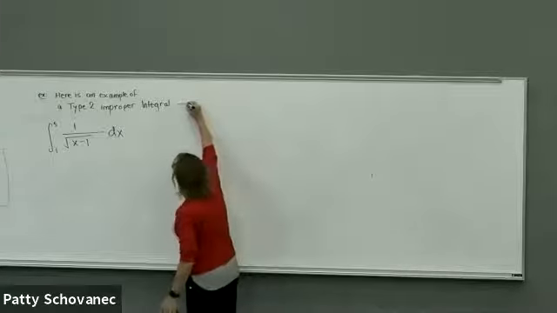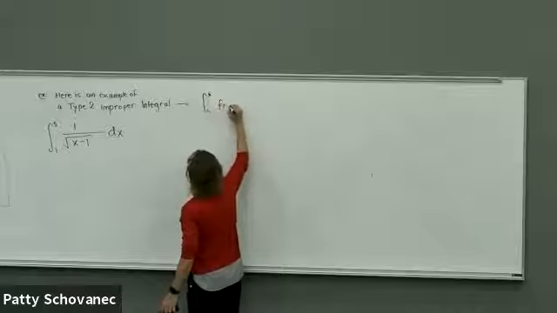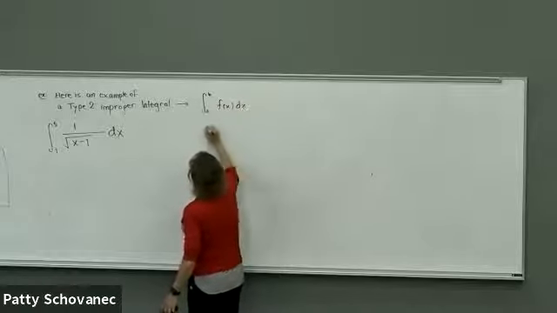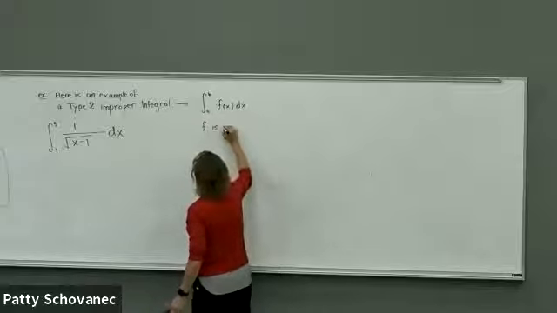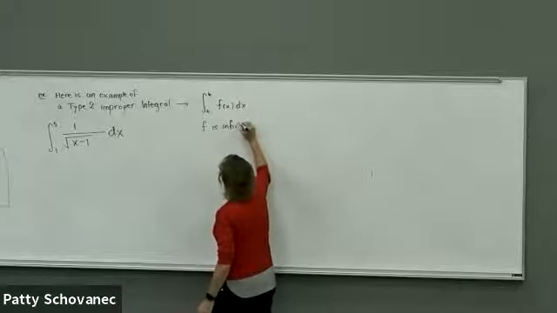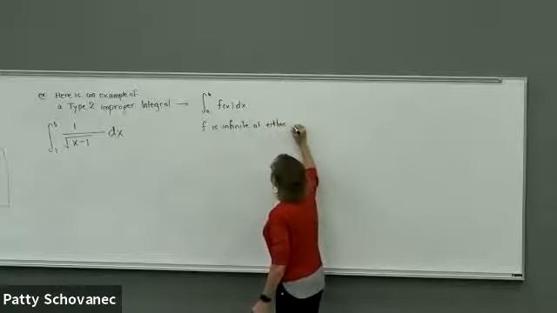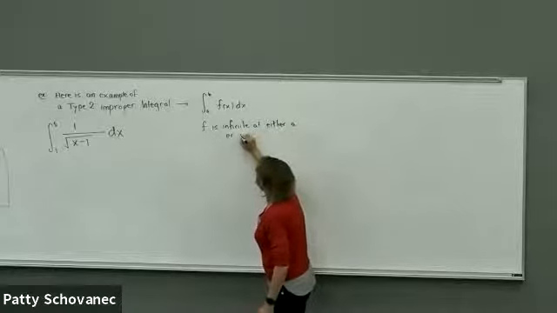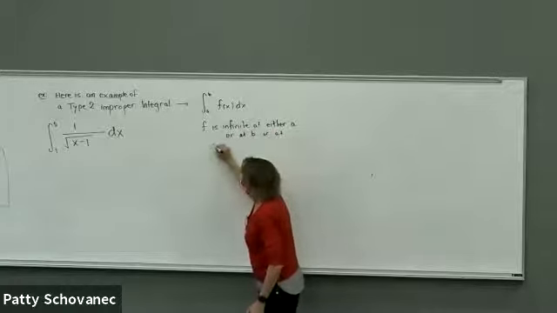We've got the integral from a to b of f of x dx, and then f is infinite at either a or at b or at some point between a and b.